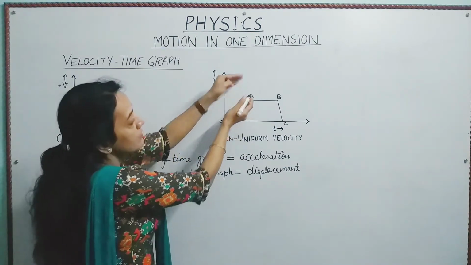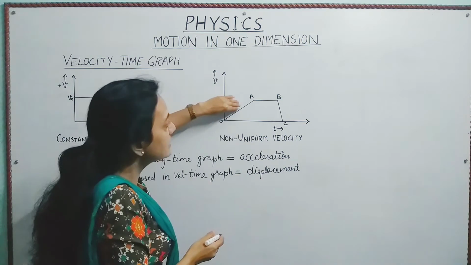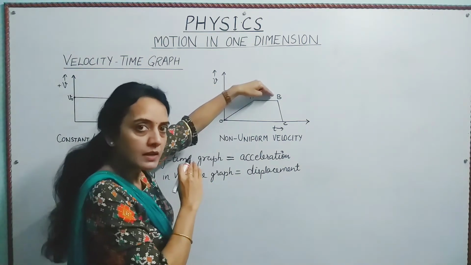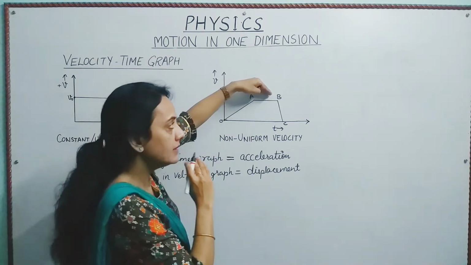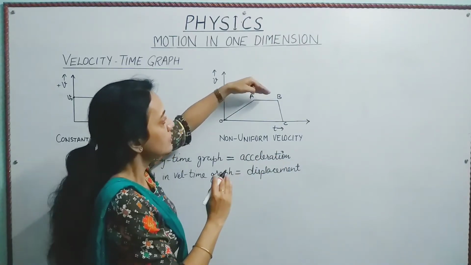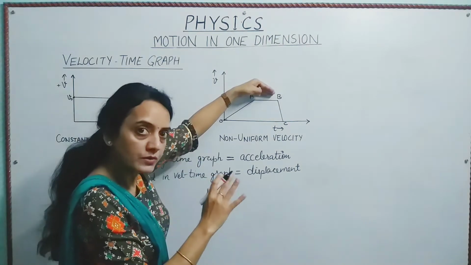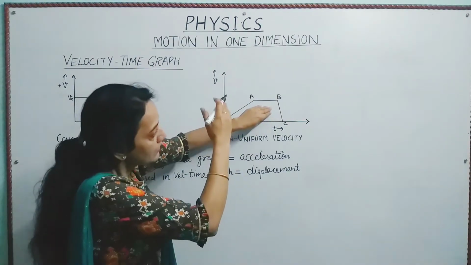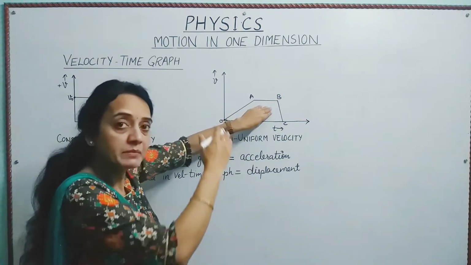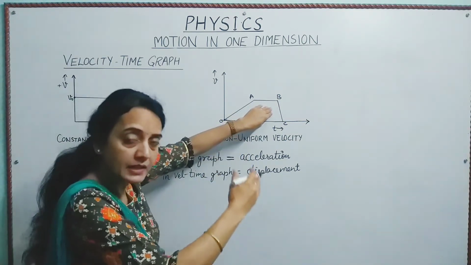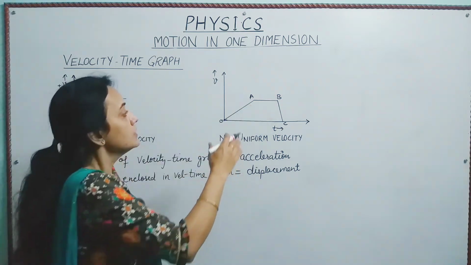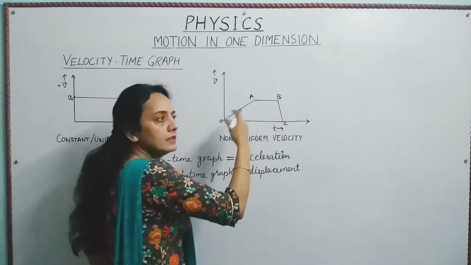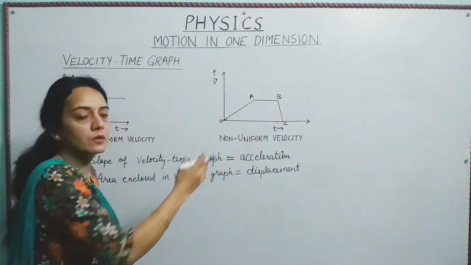Then from A to B, a certain velocity is attained and it is maintained till B. So here velocity is constant, and from B to C we see that velocity is decreasing. That means here the body is moving with negative acceleration in a way. Okay? So in non-uniform velocity we can have a graph of many slopes.